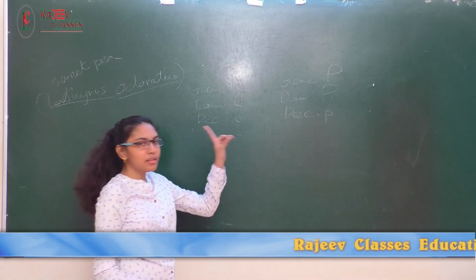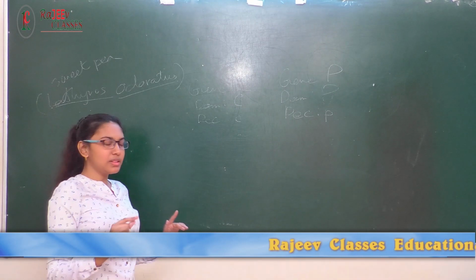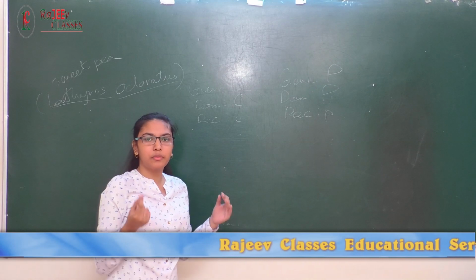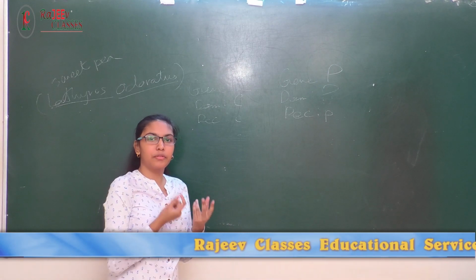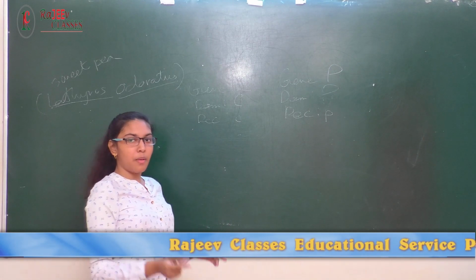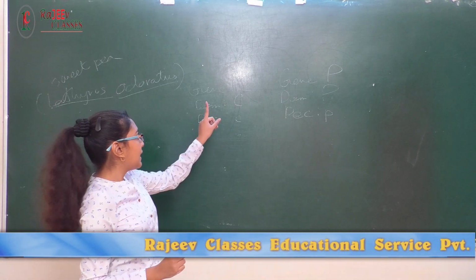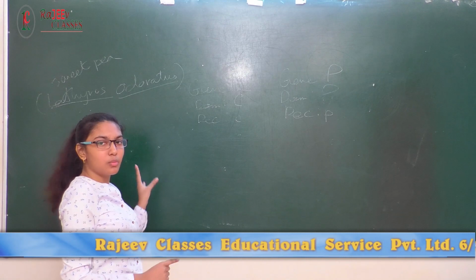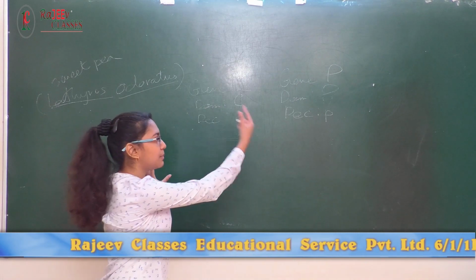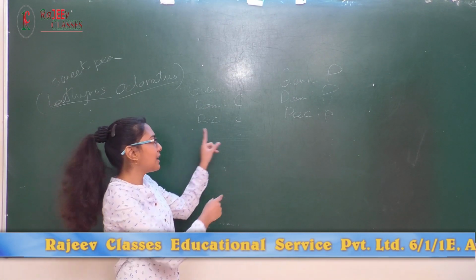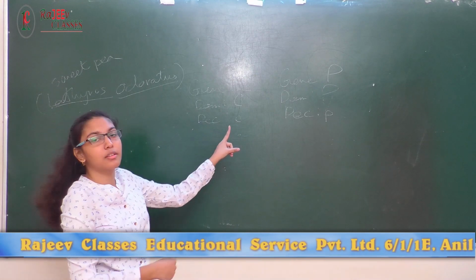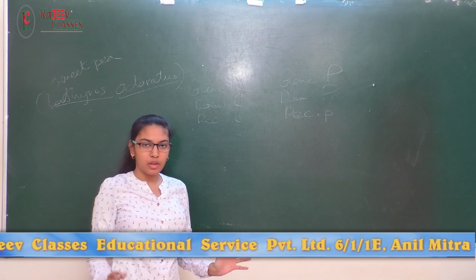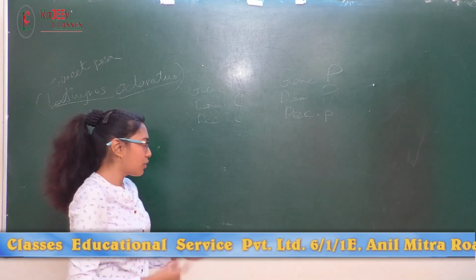What happens in this case is, in normal times, gene C and gene P are responsible for a white colored flower. But if in a particular plant capital C is present at one locus and capital P is present at the other, that is C and P both exist in their dominant form, you get a purple flower, which is not possible in any other combination.